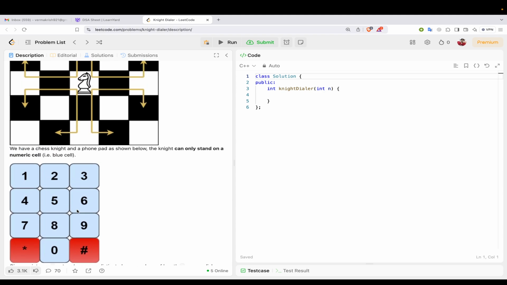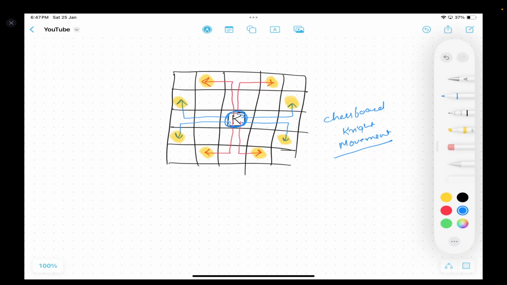Okay, so let me share it once again. First thing, we are well aware of the movement of the knight on the board. We already know how the knight moves.